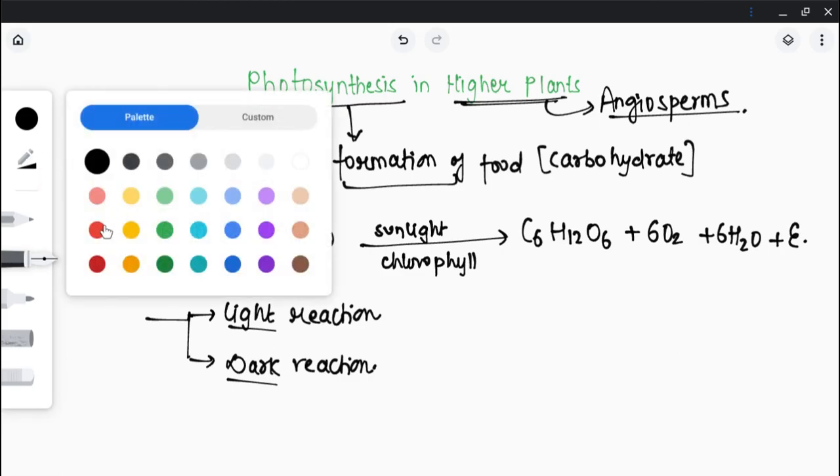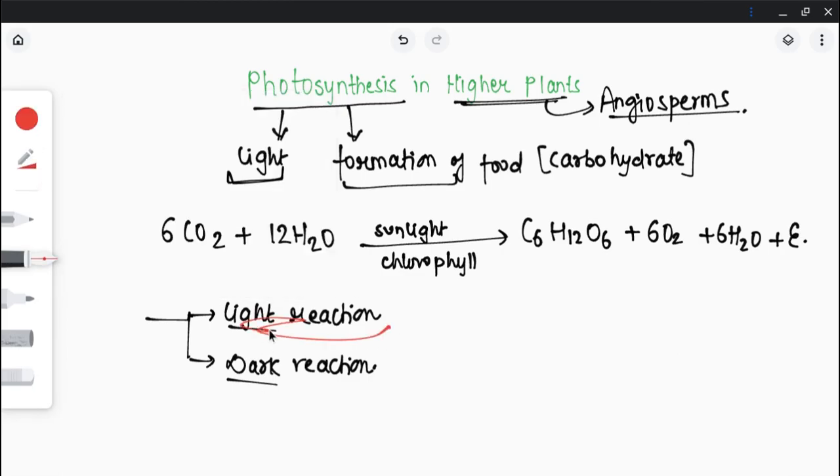What is actually going on is, light reaction is taking place in the presence of light, or you can say that it's directly dependent on light.